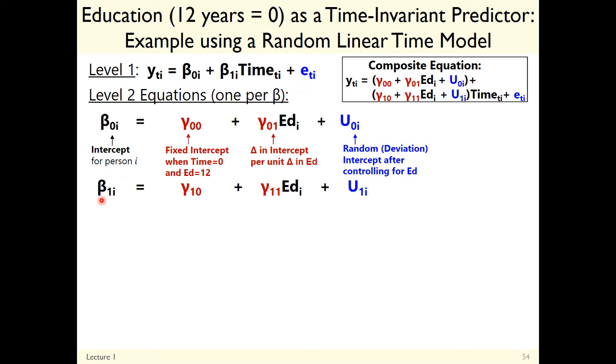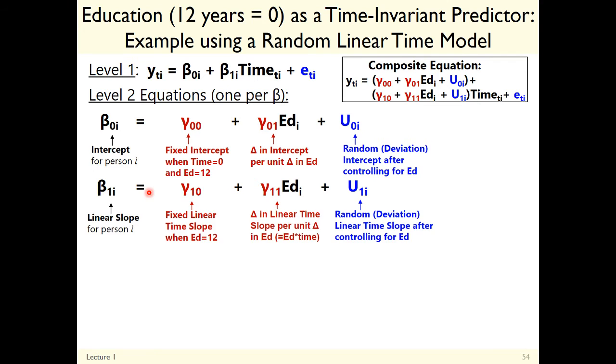Likewise, I can have education as a predictor of the linear slope, and it would look like this. So gamma 10 is going to be the fixed linear time slope, and it becomes conditional on education equals 12 because education is a predictor of the linear time slope.